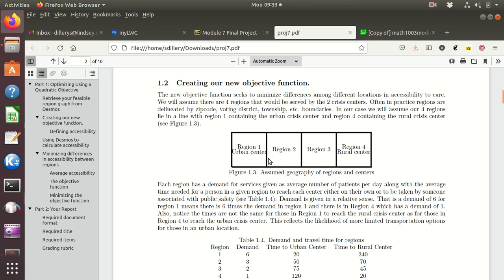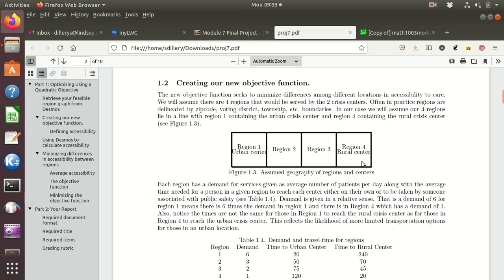Maybe region 2 is some of the suburbs, and region 3 is beginning to get much more rural. It could even be very rural, just not part of region 4. But just to make things simple and more intuitive, we've got the urban center here in the urban region, region 1.